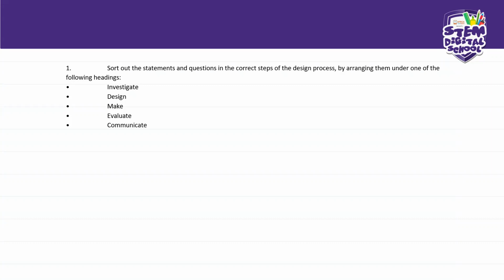Or maybe the client can say, this is a good chair, it can take the weight of grandma, but I want you to change the color, make it lovely. My grandma loves a red color, so you have to adjust. So that's why we say the design process, it's not linear, okay? It's flexible. You can move from one stage to another.